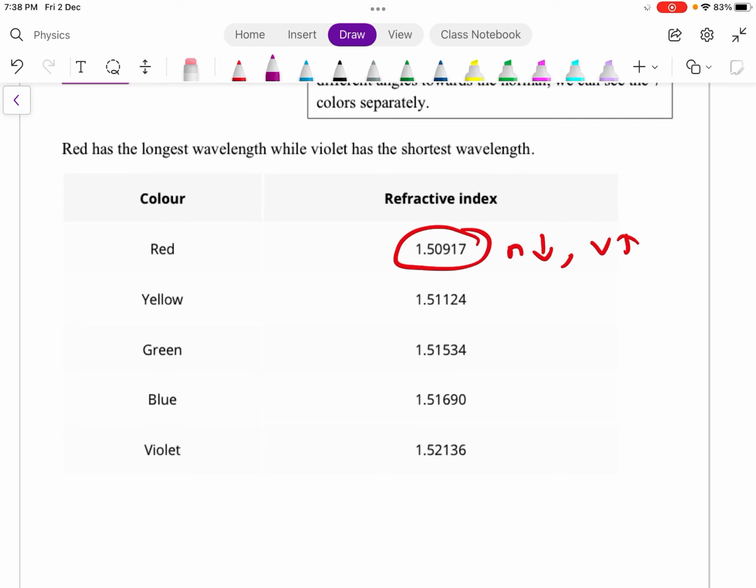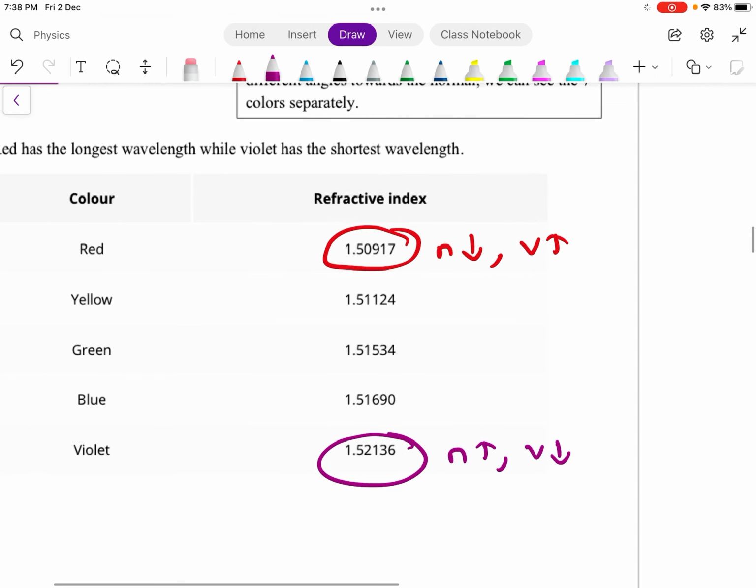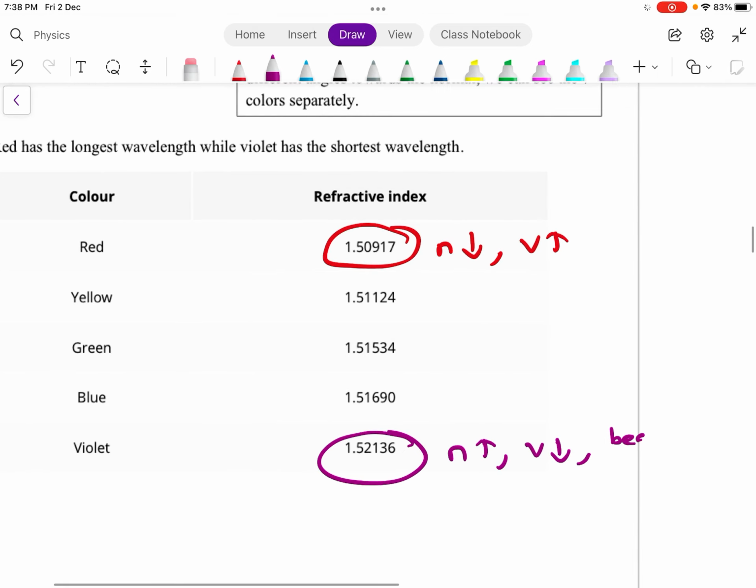Okay, now you look at violet. So violet is 1.52. So you can say that the refractive index of violet is high. Since the refractive index of violet is high, the speed of violet is low. So that's why it bends more towards the normal.